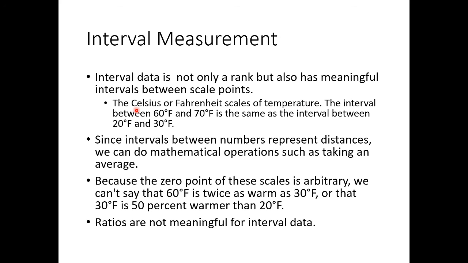For example, on the Celsius or Fahrenheit scales of temperature, the interval between 60 degrees and 70 degrees is the same as the interval between 20 degrees and 30 degrees. So the size of the interval between 60 and 70 is the same as 20 to 30. In this case, we say that it is interval measurement.